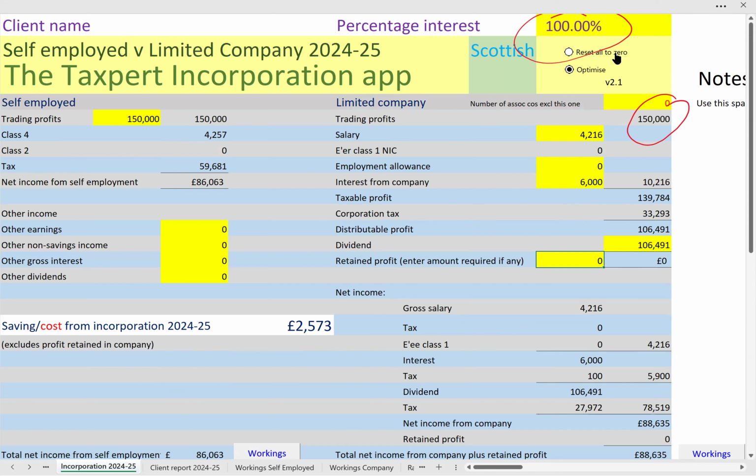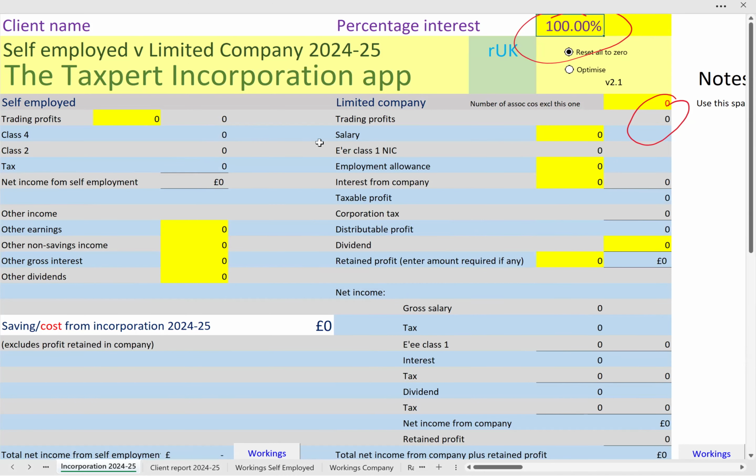Let me just reset everything to 0, and we'll start again with a clean slate. And let's suppose I've got trading profits of, I don't know, 180,000, and let's suppose we want to retain, let's say, 60,000 in the company.